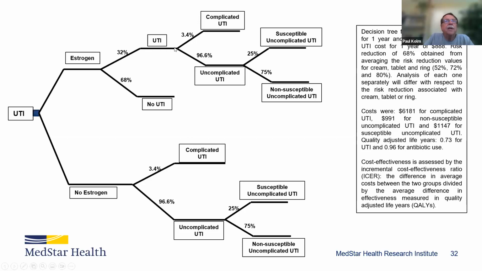And then if they still had an infection, they might have a complicated or uncomplicated infection. And then if it's uncomplicated, they might have what was called susceptible or non-susceptible. And so they have percents or rates here for each one that were obtained from the literature.